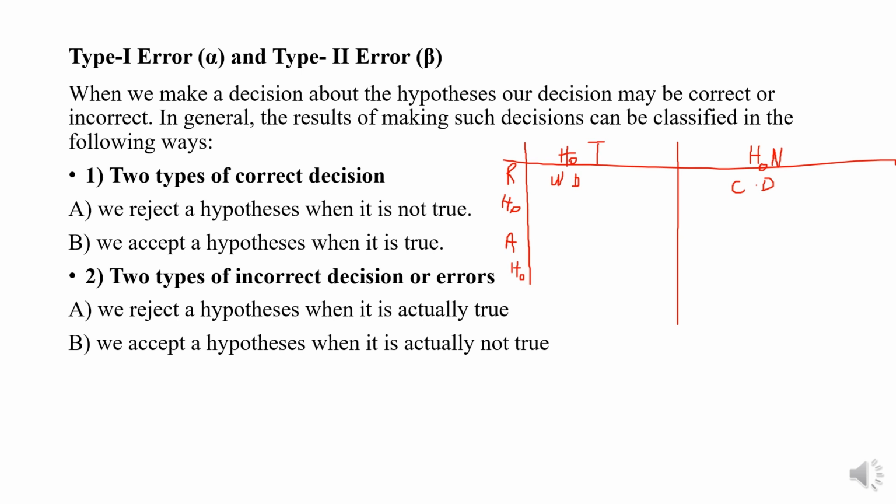So type 1 error, or we can say alpha, is the wrong decision. And the correct decision. And the second one is the wrong decision, type 2 error.